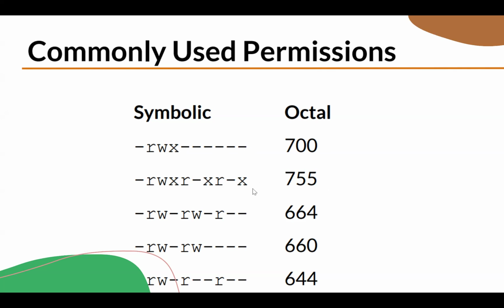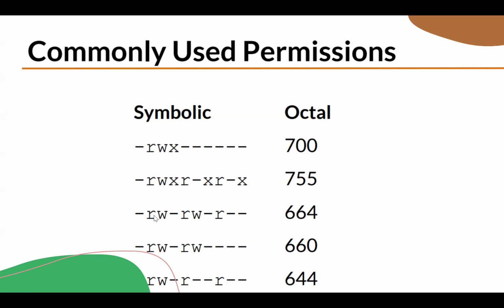For 755, permissions allow everyone on the system to execute the file, but only the user or the owner of the file can edit it, because they have the write permission. Groups and others don't have write permission.